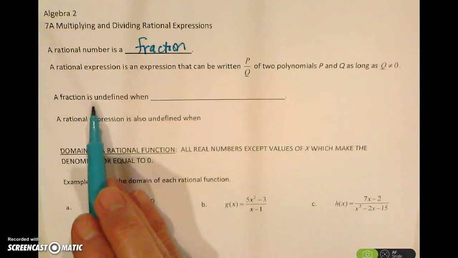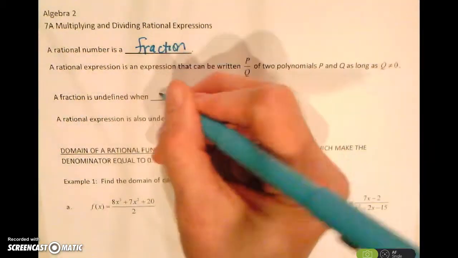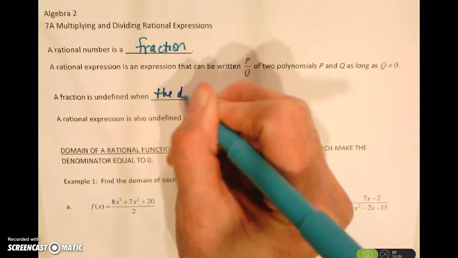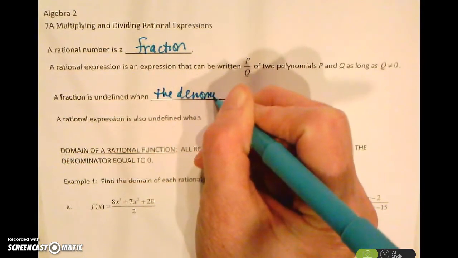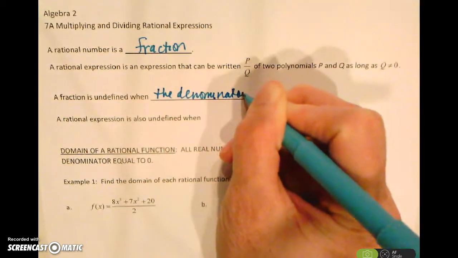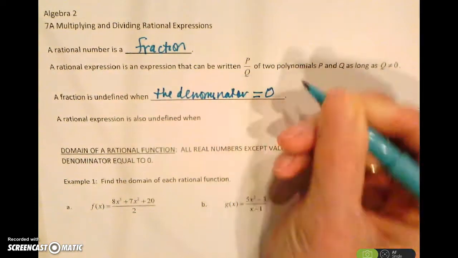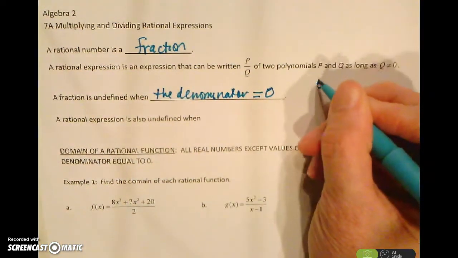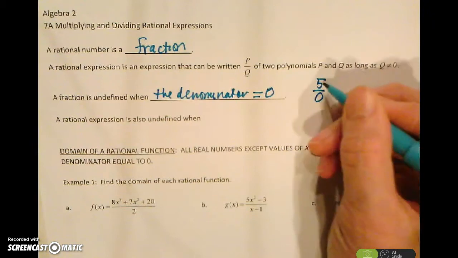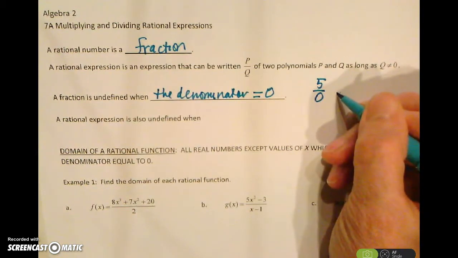A fraction is undefined when the denominator equals 0. So when you have 5 divided by 0, this is undefined.